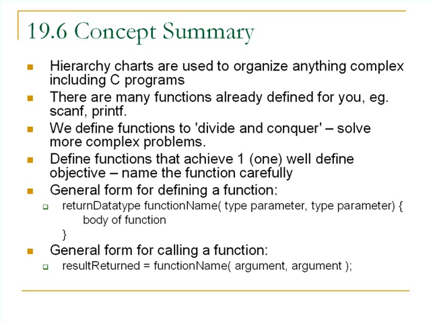And the function call itself evaluates to whatever that function returned. And you can use that value, for example, in an assignment statement. And that's the most common form that you'll see. So in the general form I'm showing here, we have returned result gets function name and pass in the arguments.